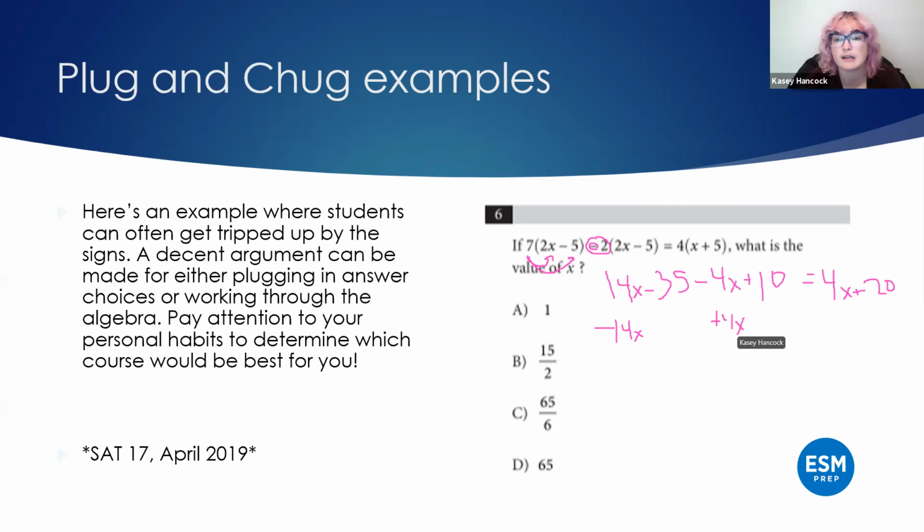So then what do we get? We get 8x minus 14x on this side, which is -6x. And then we want to subtract our 20 from this side. And so then we have -20 minus 35 plus 10. So we end up with minus 55 plus 10. So minus 45.